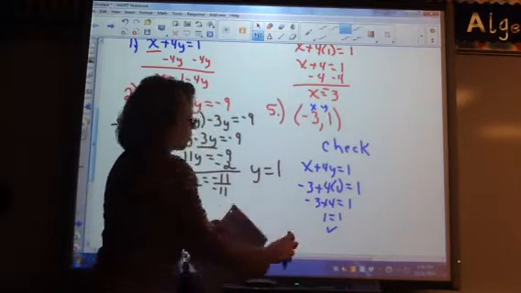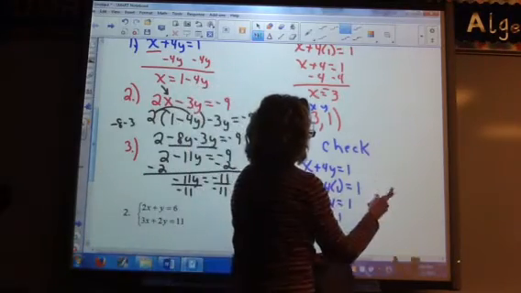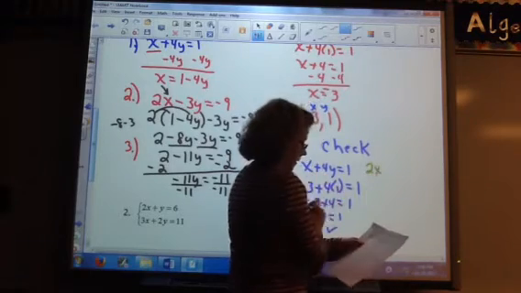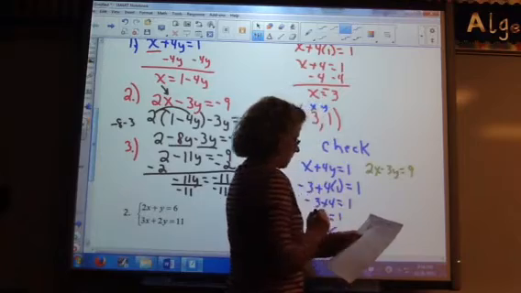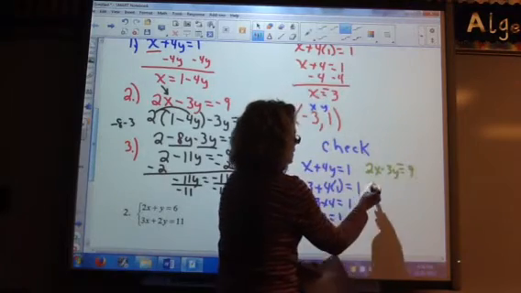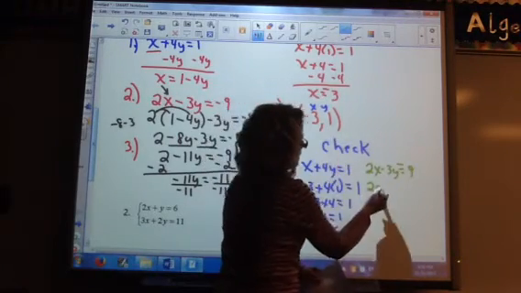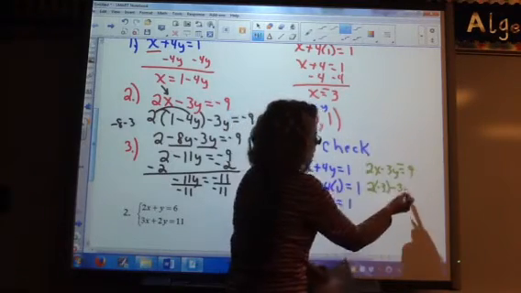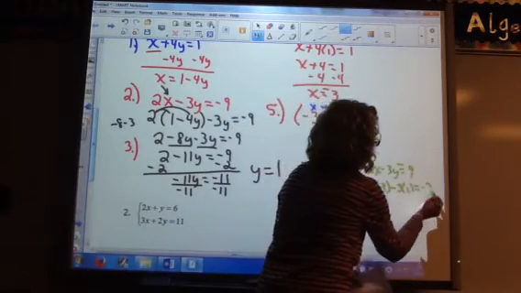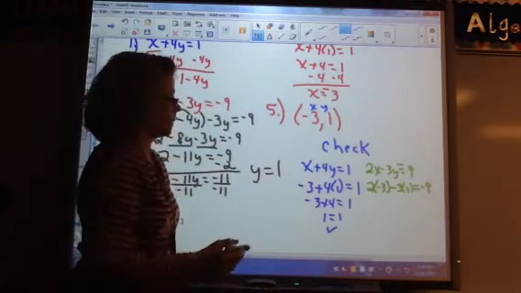Now let's do our other equation. Our second equation is 2x minus 3y equals 9. That's a negative 9. Substitute in for x. X is negative 3. Substitute in for y. Y is 1. And then we need to simplify.